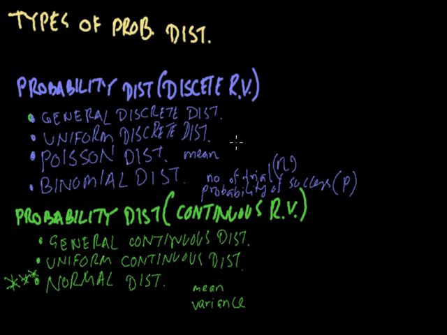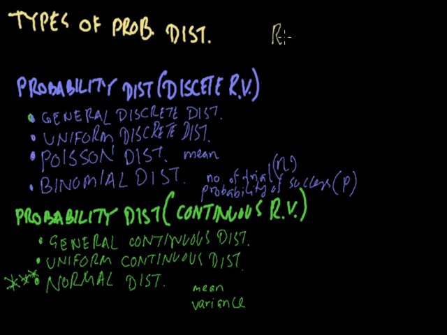Now when we talk about probability distributions, we have to express them, because after all it's math, it's symbolic language. We need to express it in some way. So this is how we express a probability distribution. First of all, we write a random variable.